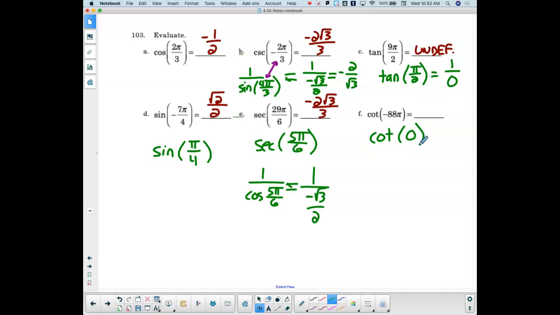If it's even, it's at 0, right? And if it's odd, it's at 1 pi, right? So cotangent at that one, that's going to be x over y, right? So that's going to be 1 over 0. Did that math too already. And so that gives me undefined.